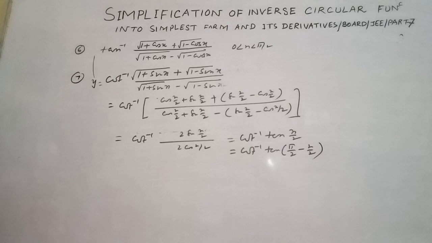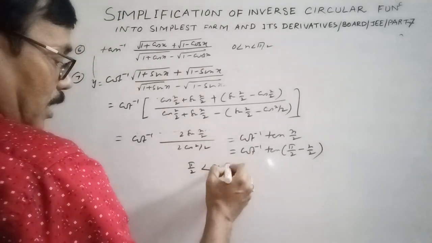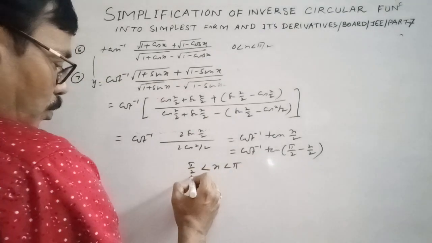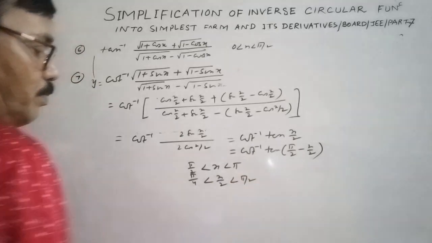Now look at the restriction. It is given that pi/2 is less than x less than pi. So pi/4 is less than x/2 less than pi/2.